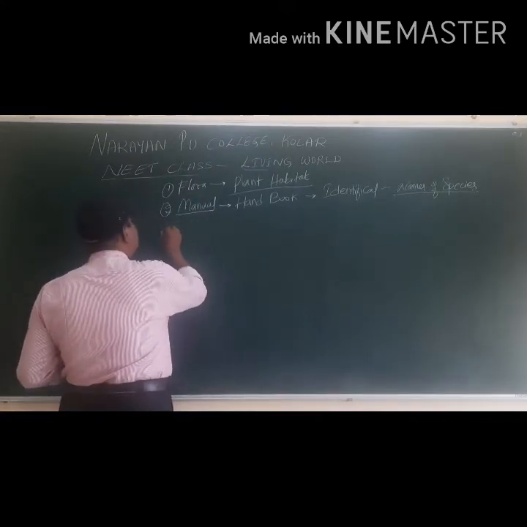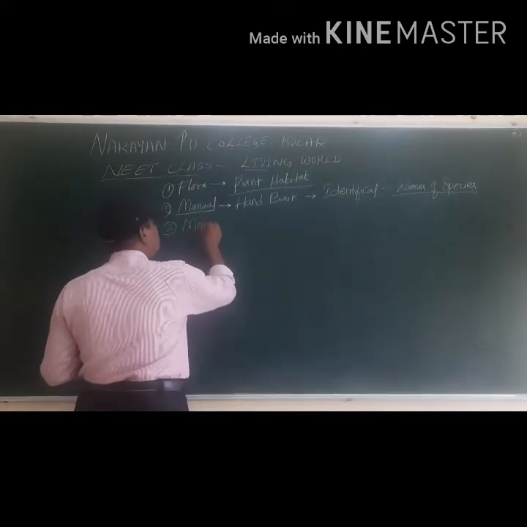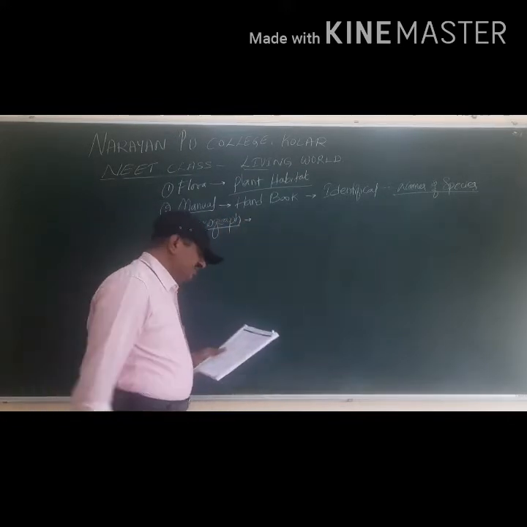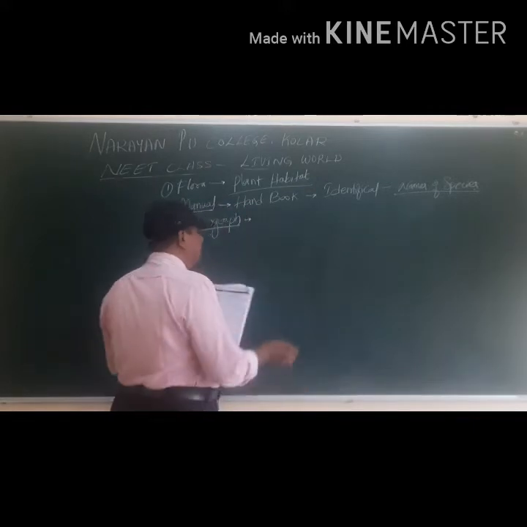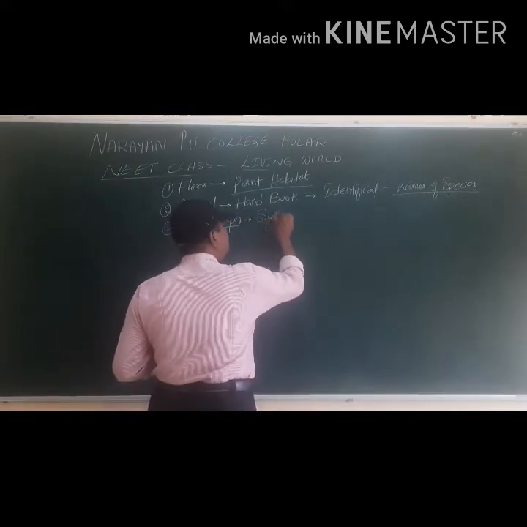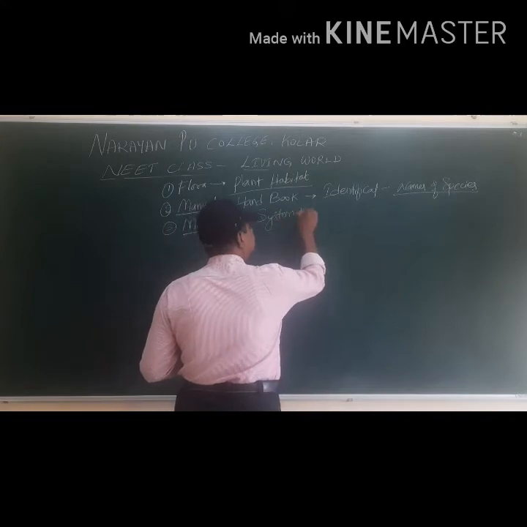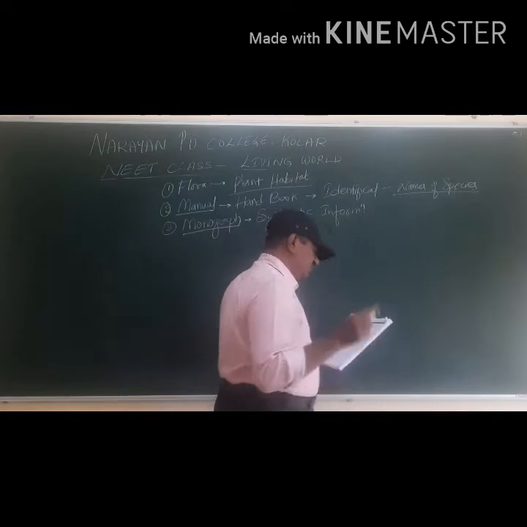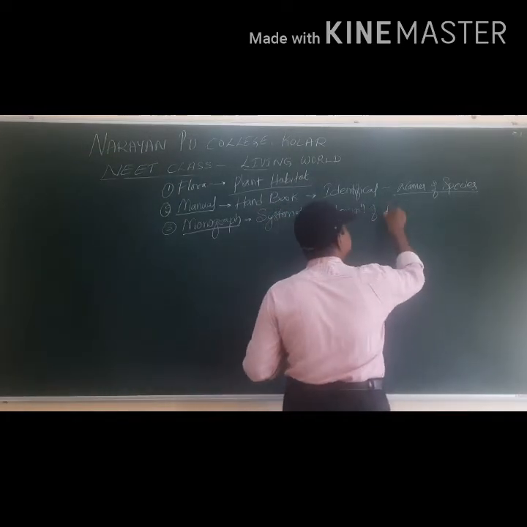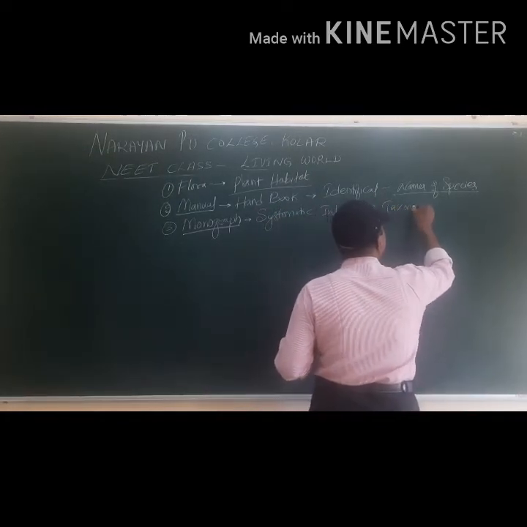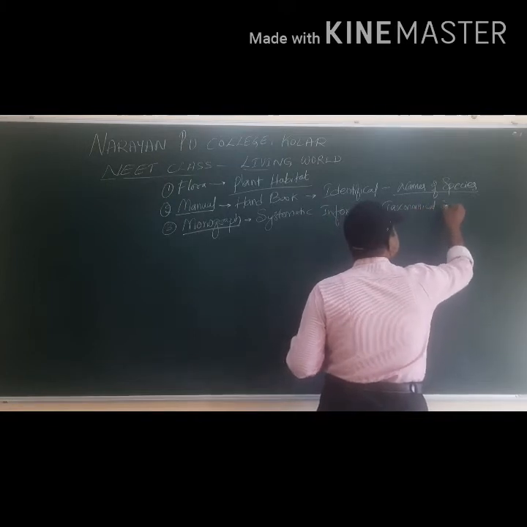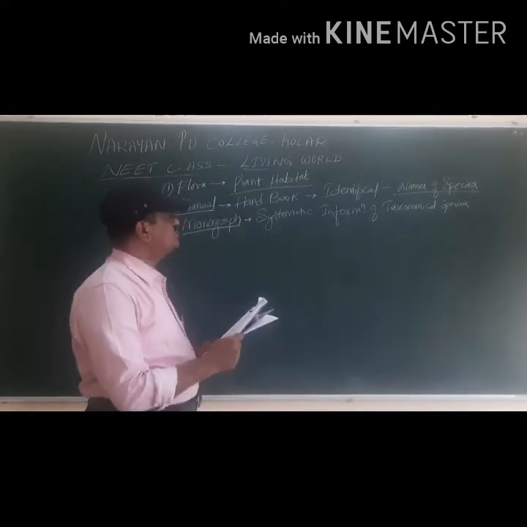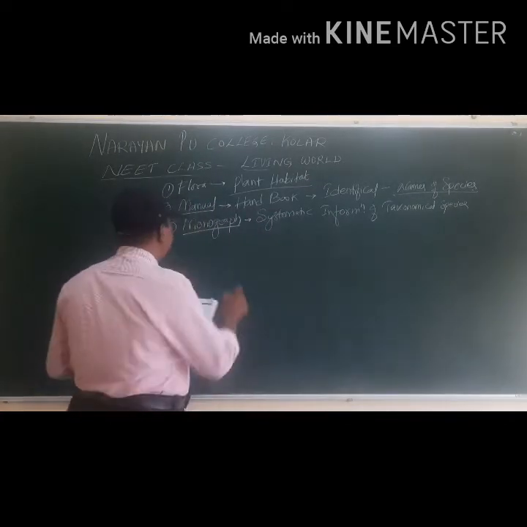Next, the third one is called monograph. Monograph is nothing but the study of detailed systematic information of a taxonomical species, or taxonomical genus or taxonomical group. For that we use the word monograph.